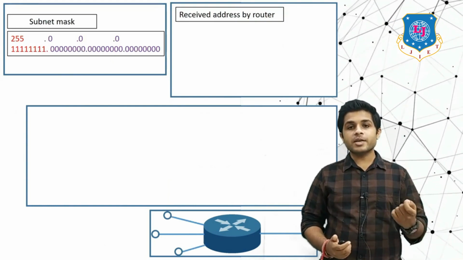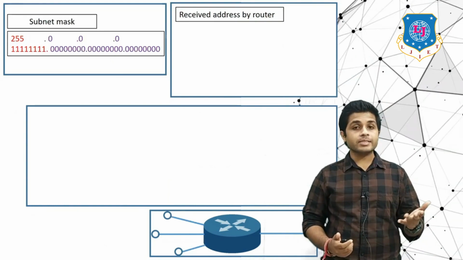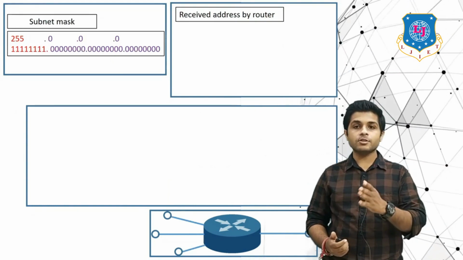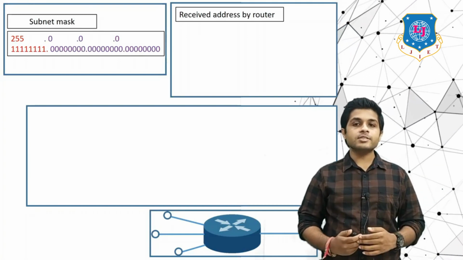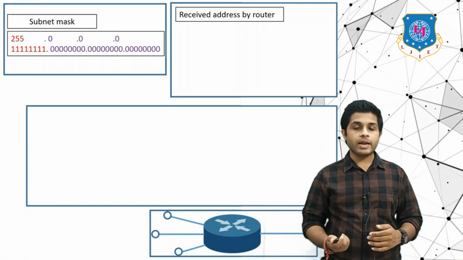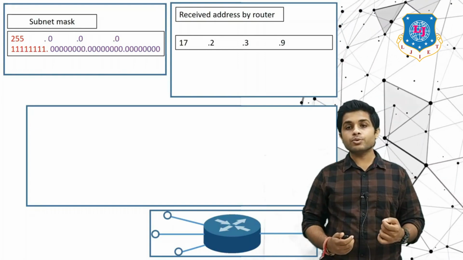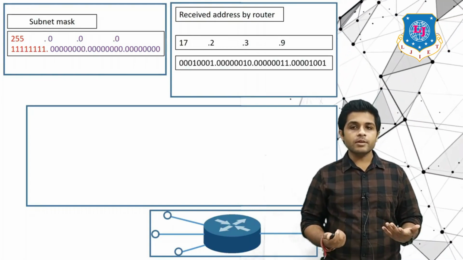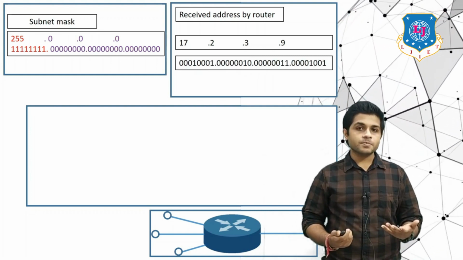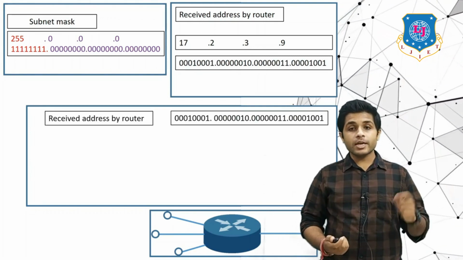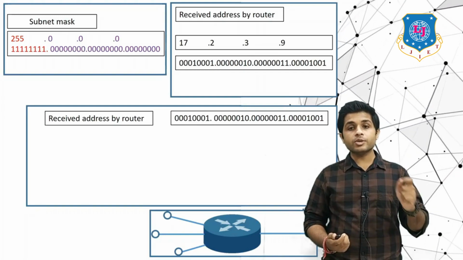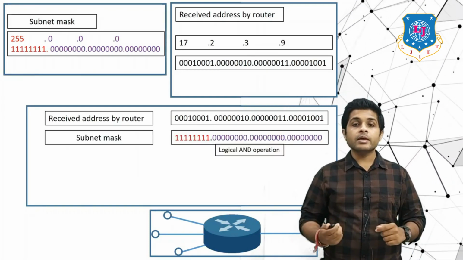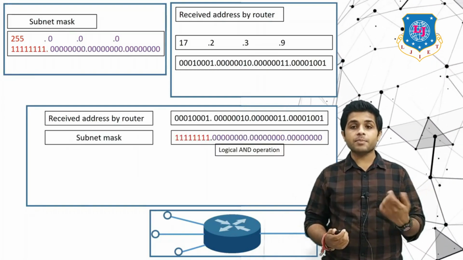This is the subnet mask that we found for class A, which is 255.0.0.0. Suppose the router is receiving the class A IP address 17.2.3.9. Let's rewrite this IP address in binary. The first number you can see is the address received by the router in binary, and the second is the subnet mask.